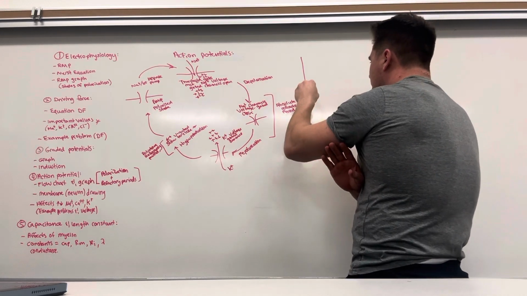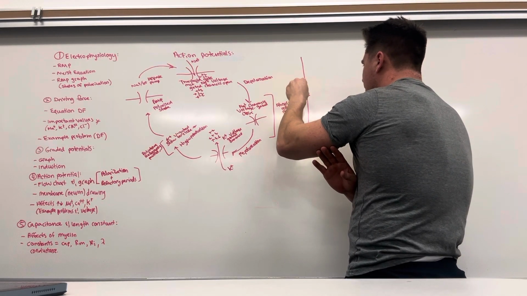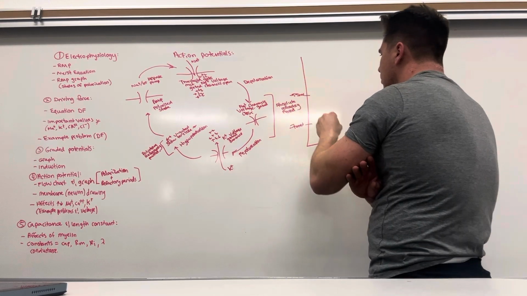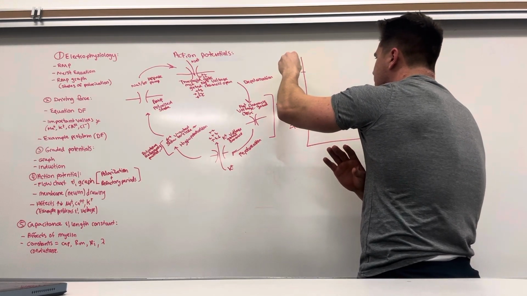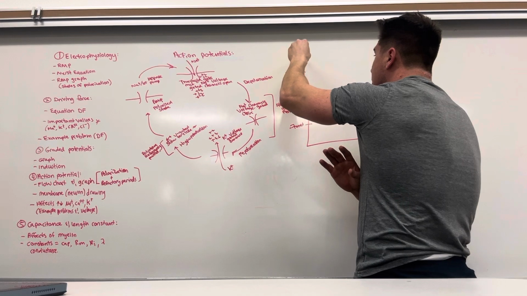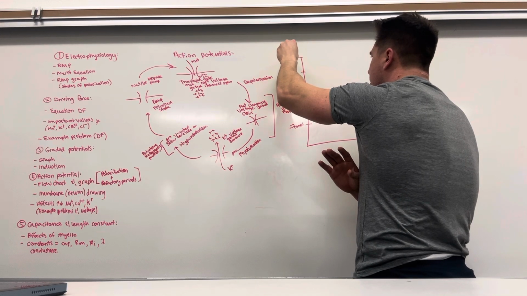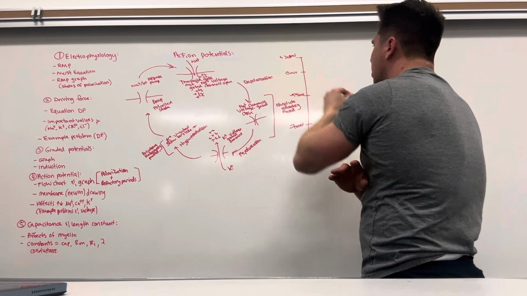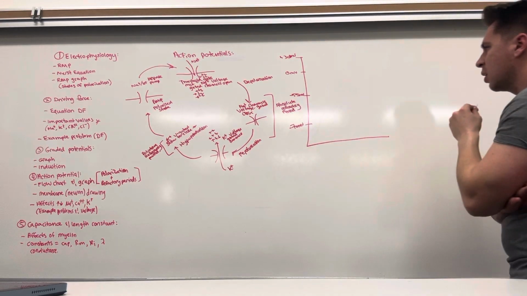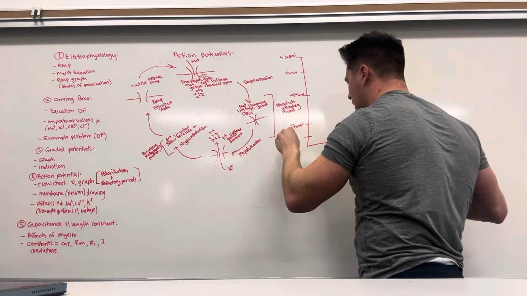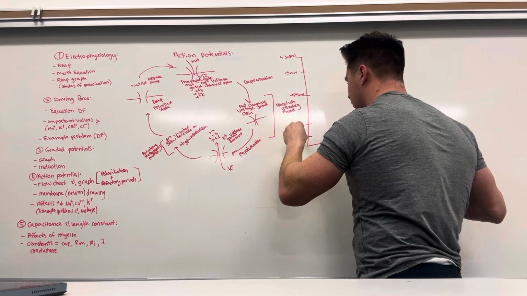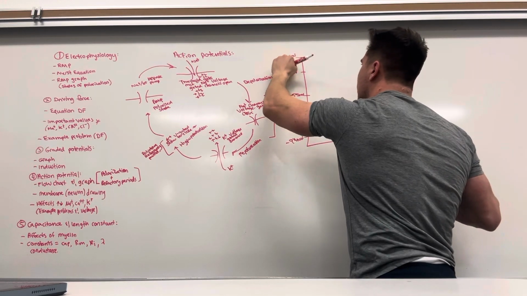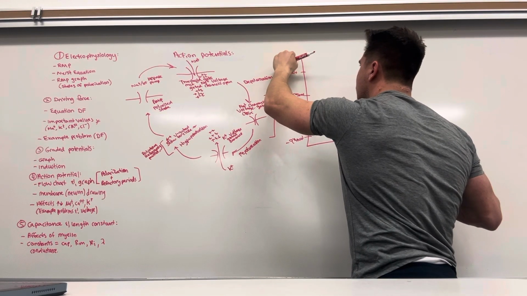And then you have this negative 55 millivolts, where we have threshold, and then we have 0 millivolts. And let's say way up here, we have positive 30 millivolts, okay? And down here, we got negative 94 millivolts. Let's call this positive 55, just keep it simple.